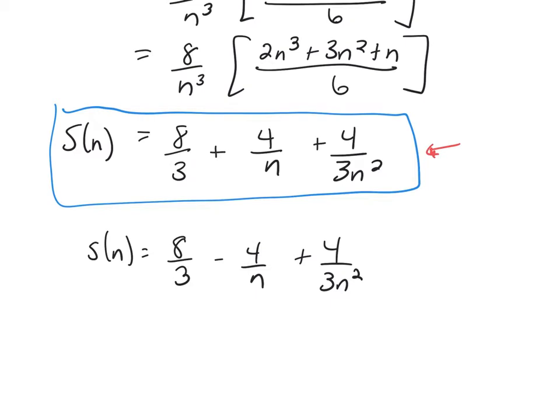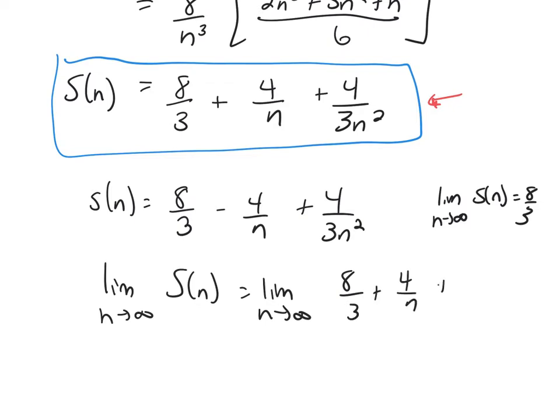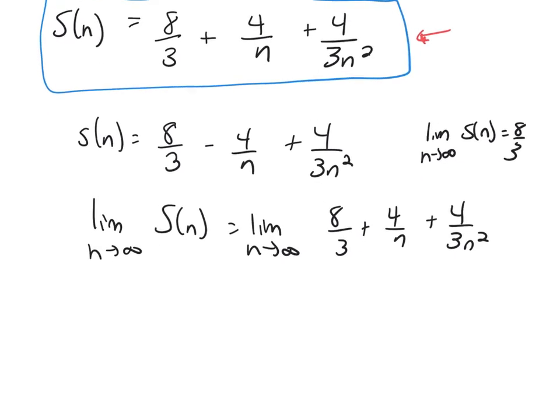And if we also remember that we took the limit in our last video. If I took the limit of my lower sum, it was 8/3. What happens when I take the limit of my upper sum? Here, the limit as n goes to infinity. Well, you're going to get 8/3 as well.